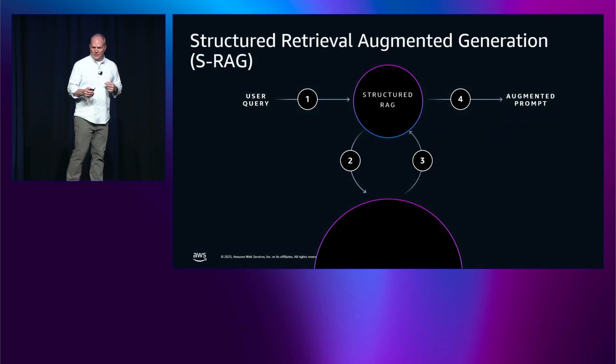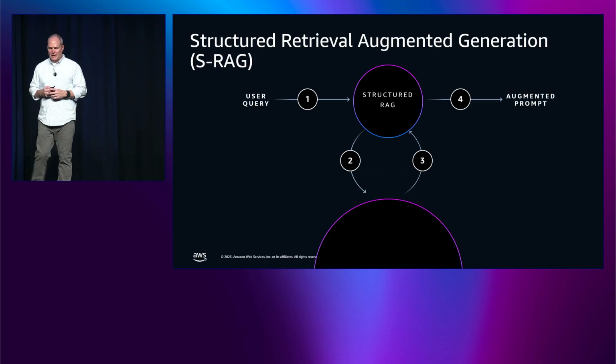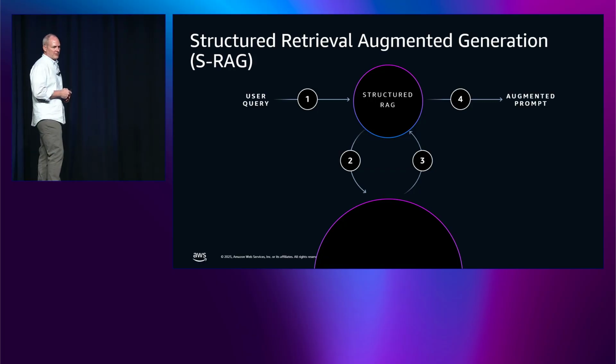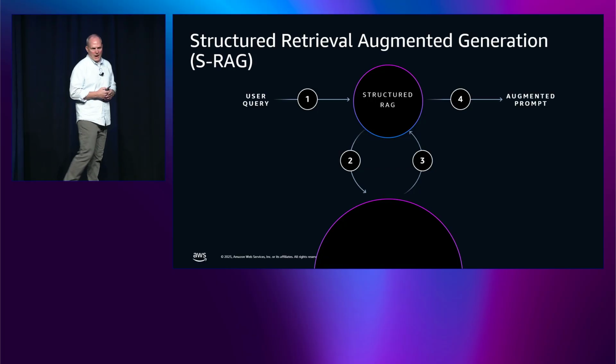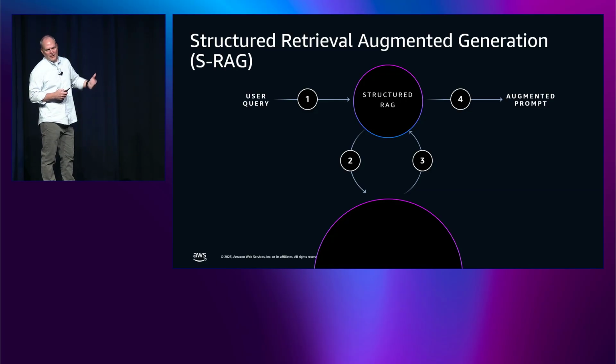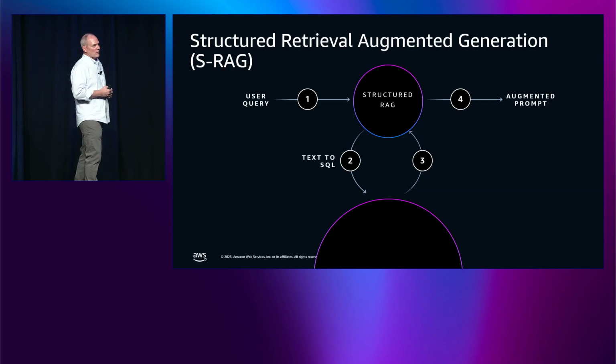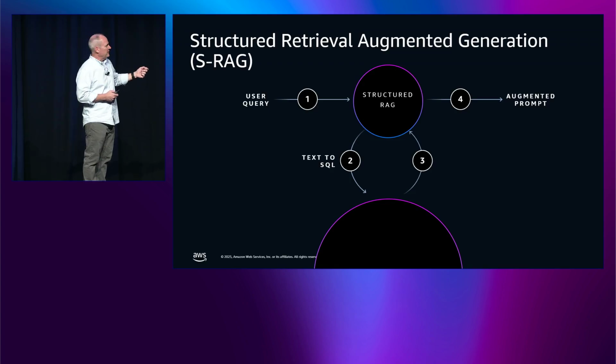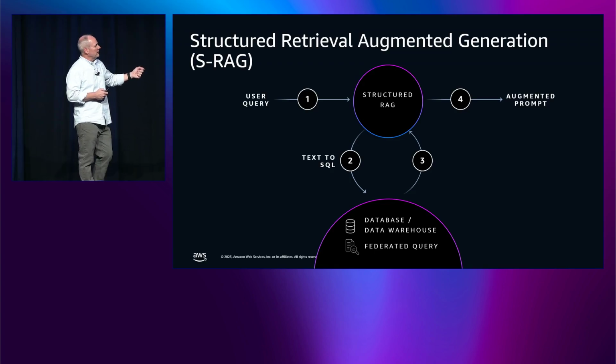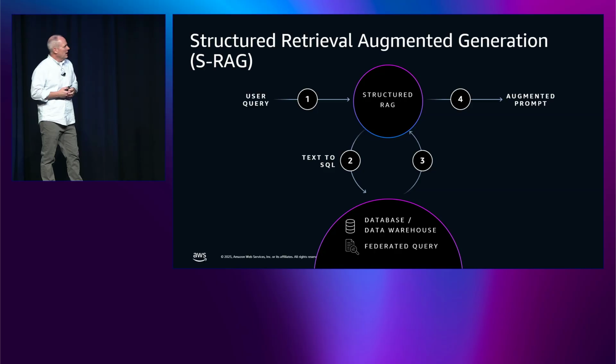We want to talk about a couple of other additional types of RAG. First, we're going to talk about structured RAG, often referred to as SRAG. In this case, following a similar flow from before, we have a user query coming into our structured RAG. We're doing a text to SQL in this case. As one example, we have databases and data warehouses.